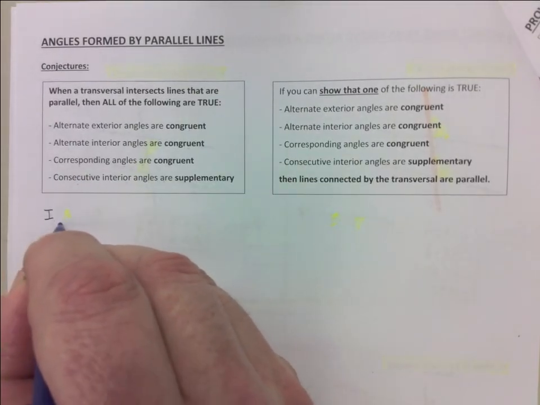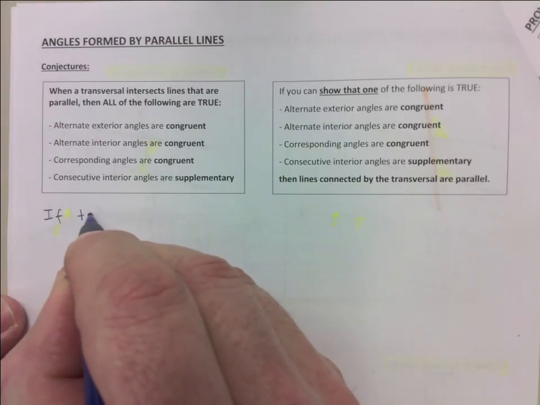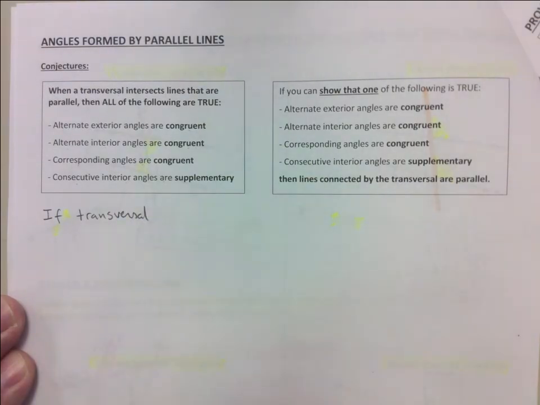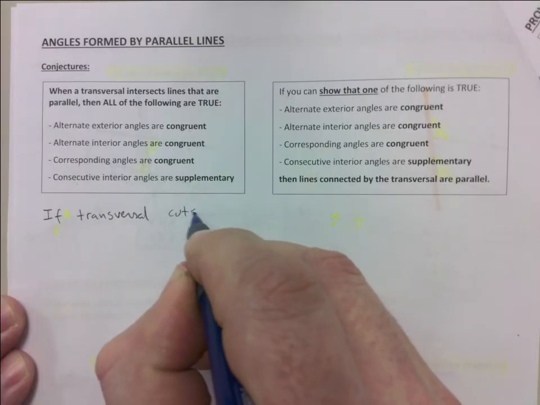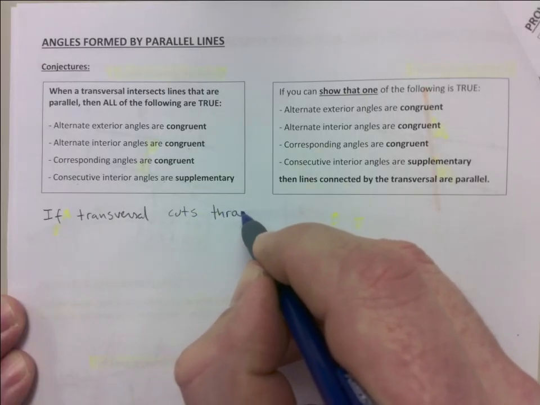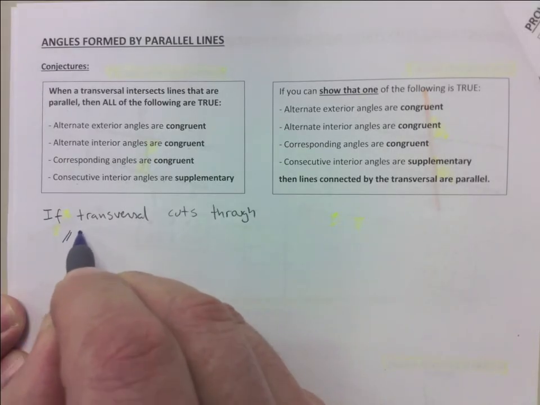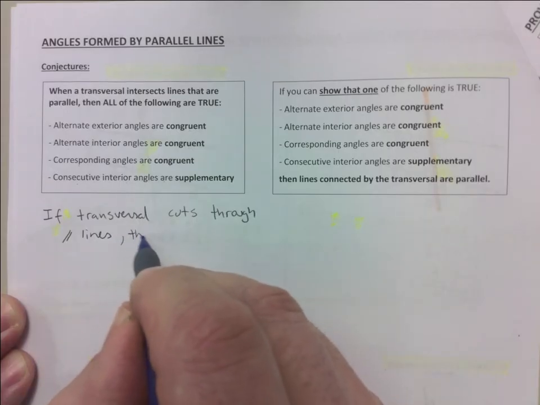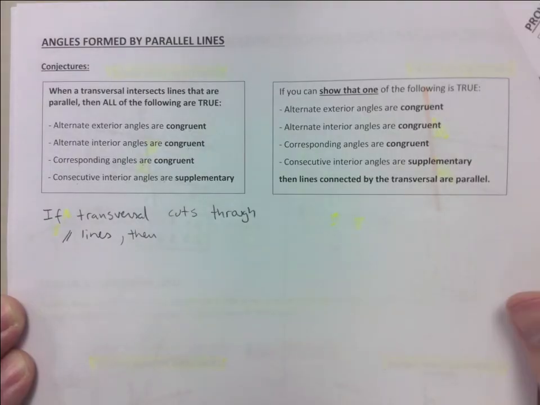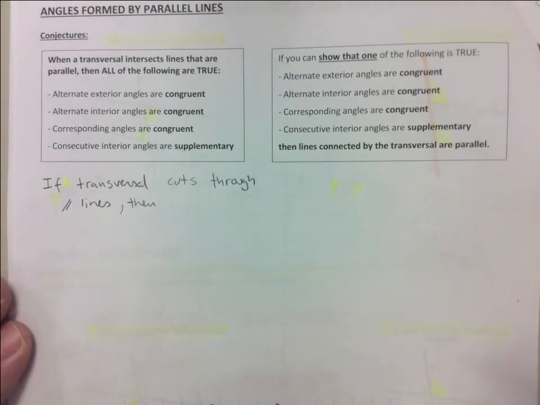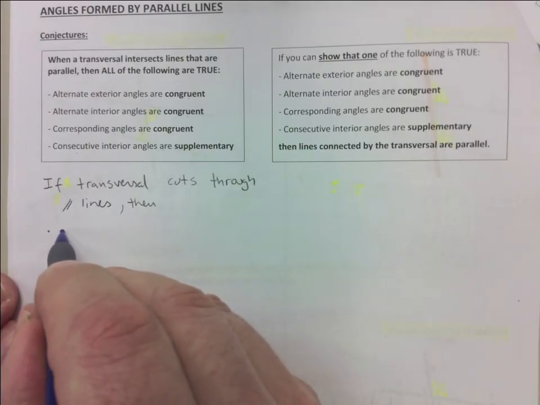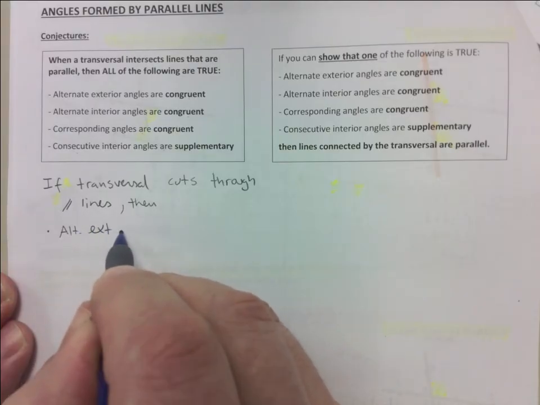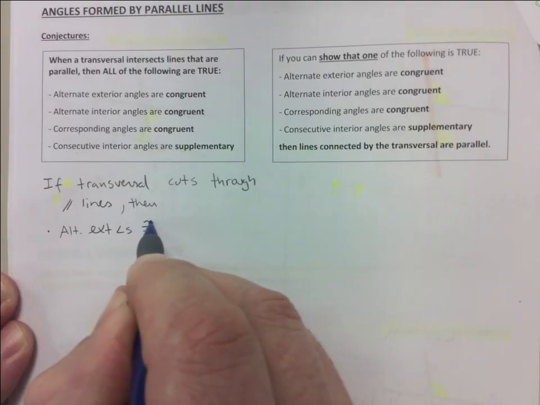If a transversal cuts through parallel lines, if you know that that's happening, then alternate exterior angles are congruent.